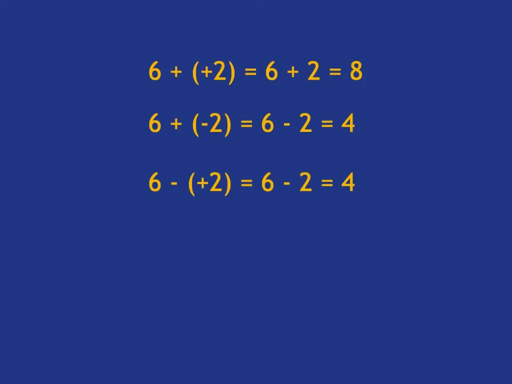If we are subtracting a positive, we are taking out some heat, so of course we're going to go down. And so it's the same as subtracting. And if we are subtracting a negative, we are taking out some of the cold. So if we're taking out some of the cold, we're going to go up. So it's the same as adding.